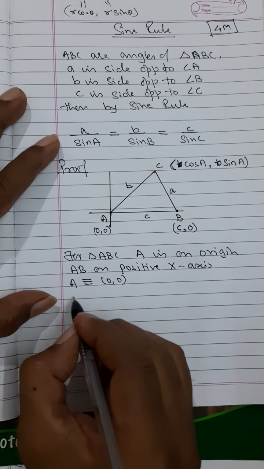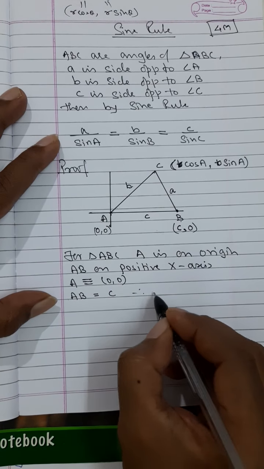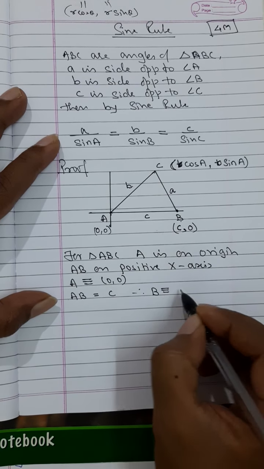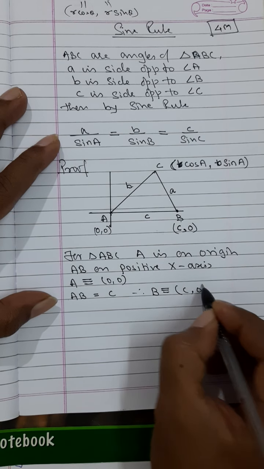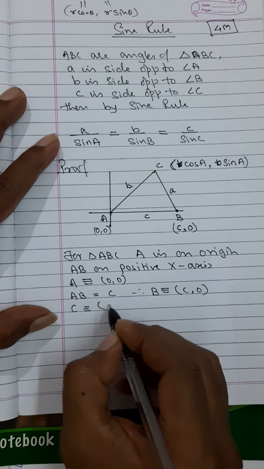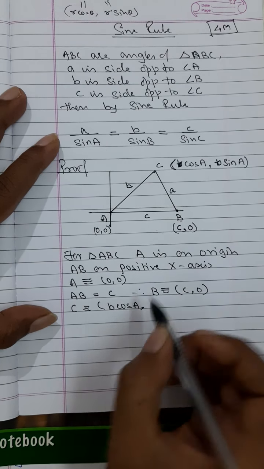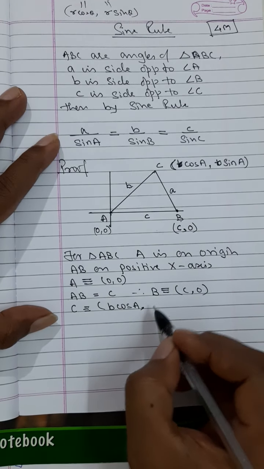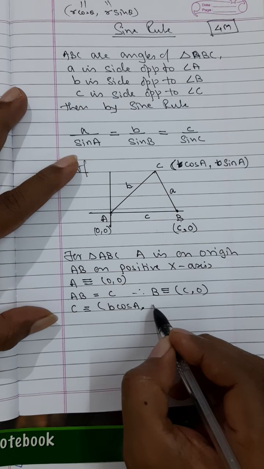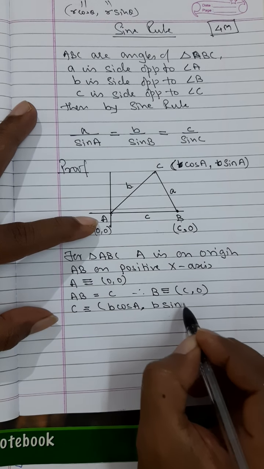Now AB is equal to c, therefore B will correspond to (c, 0). And you have to straight away write C corresponds to (b cos A, b sin A). I haven't explained you, b is r, x will be b cos A, y will be b sin A.